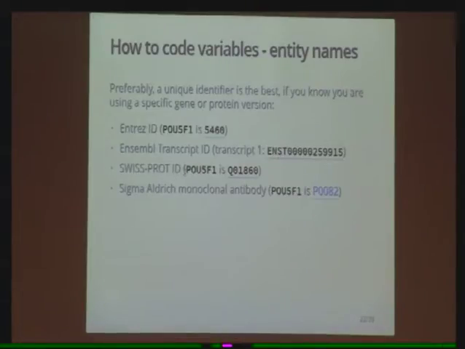If you're working with proteins, POU5F1 isn't particularly useful. You should use the SwissProt ID, to refer to the actual protein instead of just the gene. For example, the Sigma-Aldrich monoclonal antibody for POU5F1 is P0082. These are useful identifiers for tracking and going back and making sure the right things were used, and to differentiate between things.